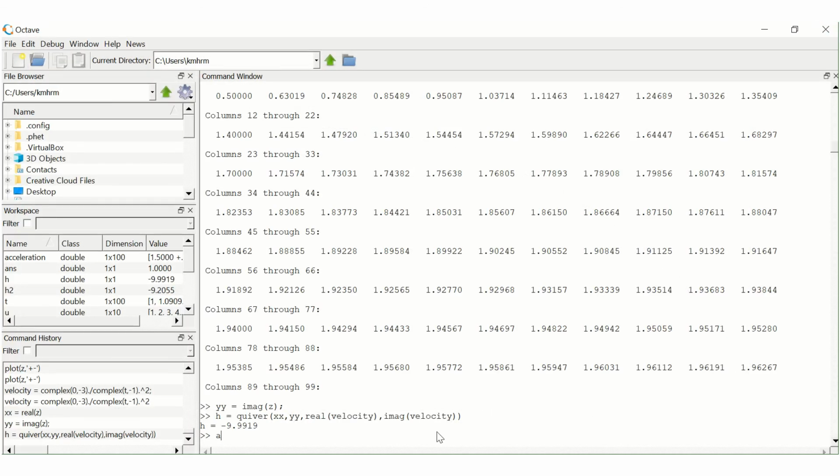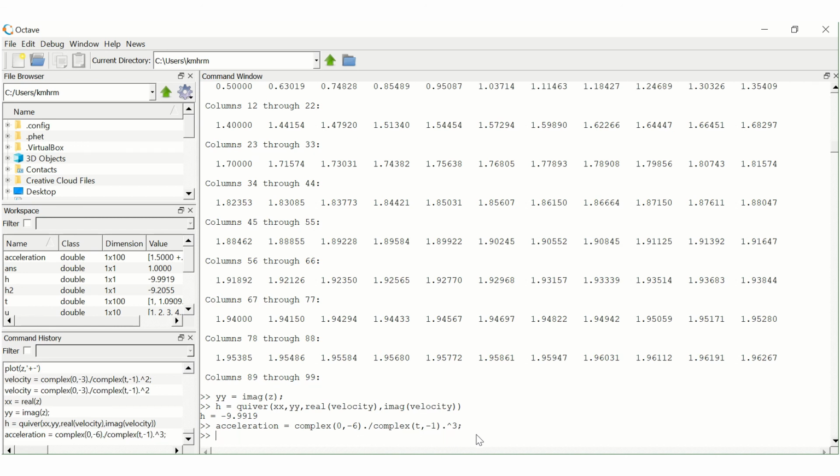Here acceleration is going to be equal to minus 6i divided by (t minus i) to the power of 3. Let's ask the computer to compute this, and we are going to plot all the data that we have, that is z, which is the position of the particle, the velocity, and the acceleration, all in one graph.